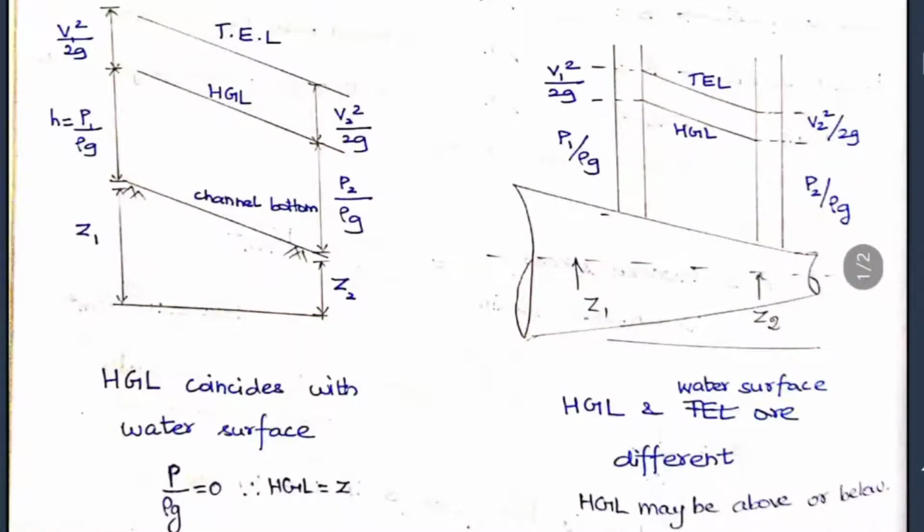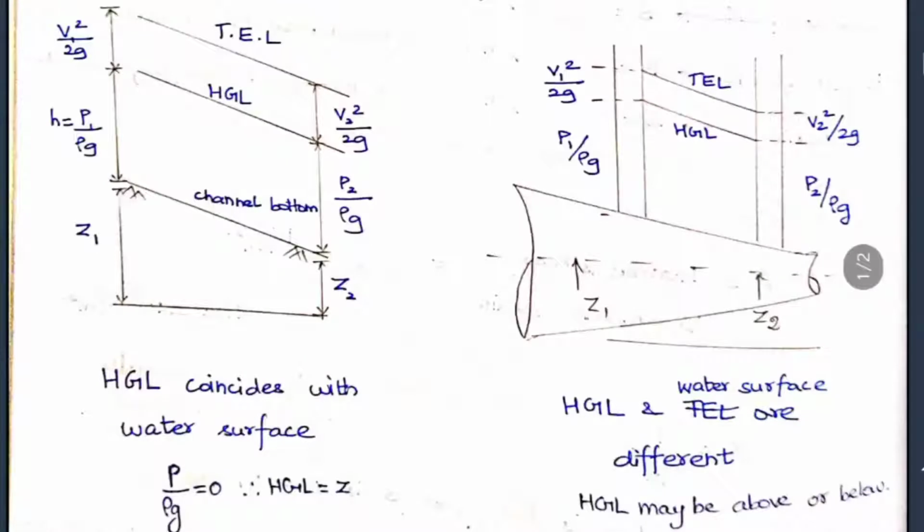So the pressure head term will be equal to 0. Only datum head will be there, and the hydraulic gradient line will be drawn with the datum head. What is datum head? It is with respect to the height of the water. So the top surface of that water and the hydraulic gradient line will coincide and lie in the same place. This is the property of open channel flow.